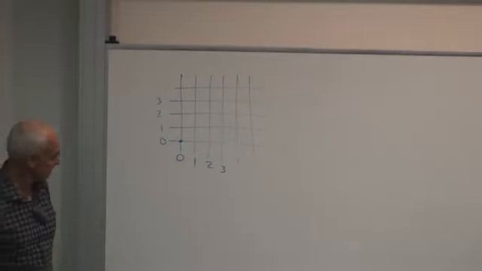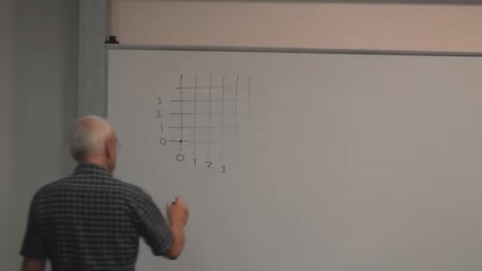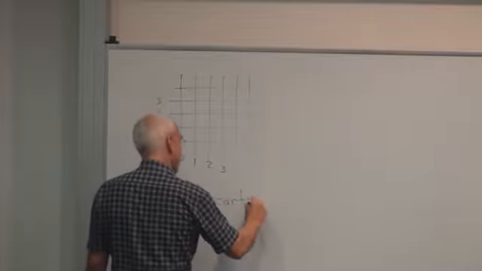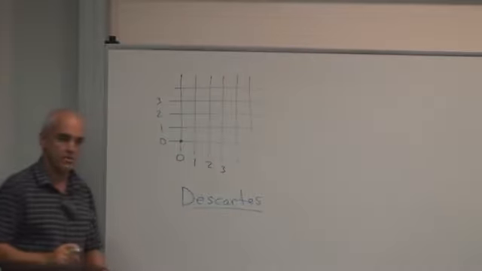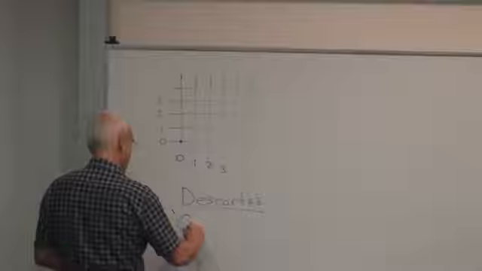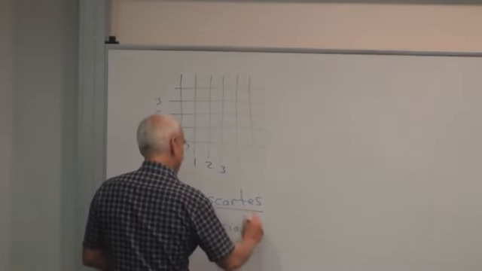X and Y coordinates. This kind of coordinate system only arose in the European era, basically due to the work of Descartes. We sometimes call this a Cartesian coordinate system because of Descartes.